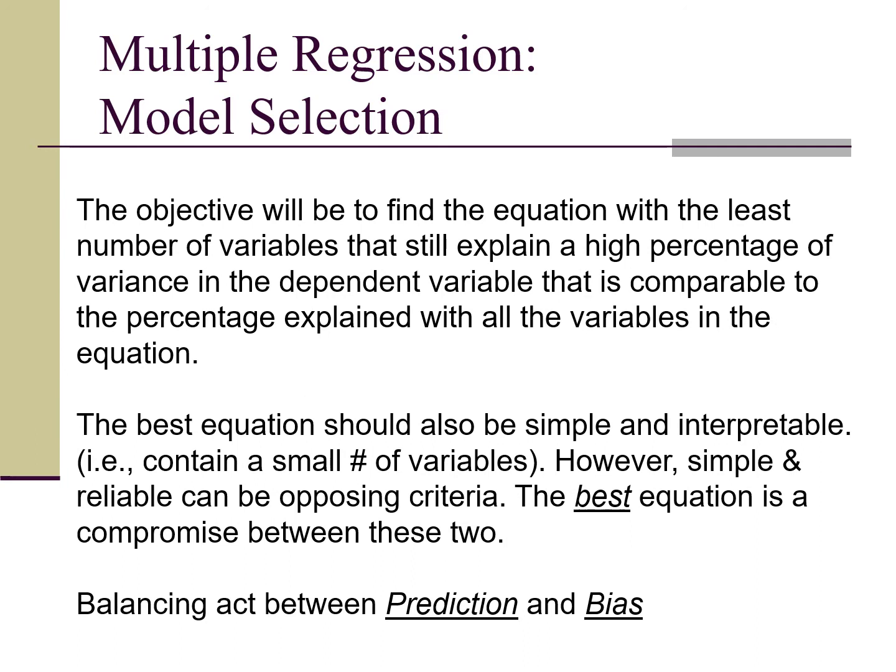Okay, so for model selection, our objective is going to be to find an equation with the least number of variables that still explain a high percentage of variance in the dependent variable, comparable to the percentage explained with all of the variables in the equation, should that be possible. But the best equation should also be simple and easily interpreted. And easily interpreted just means having a small number of variables.